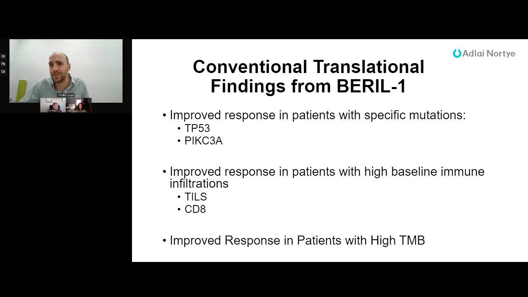There had been an analysis done on what we would consider traditional biomarkers, such as sequencing, immunohistochemistry, and tumor mutational burden. All of these biomarkers were able to find correlations with outcome, such as specific mutations like P53 and PIK3CA, which are known to be altered by our therapy, which had strong associations with outcome in the clinical trial.